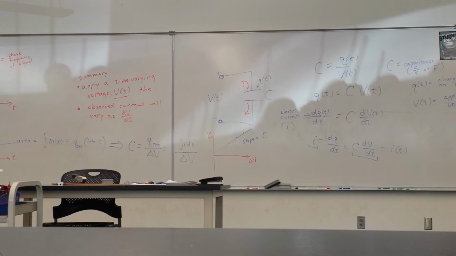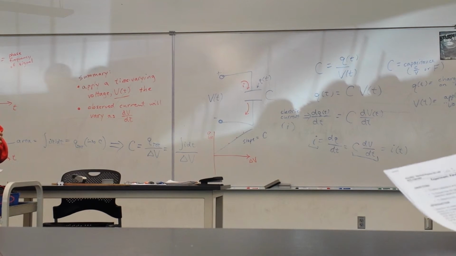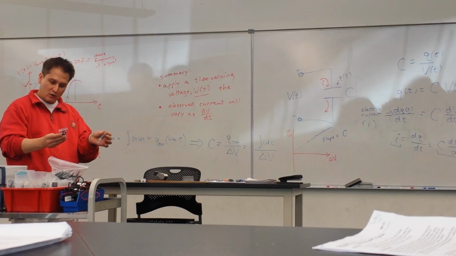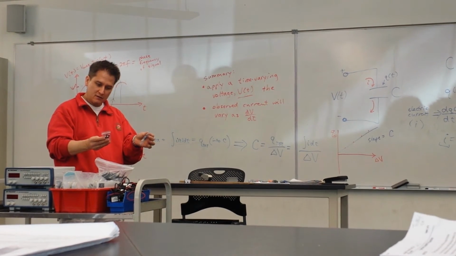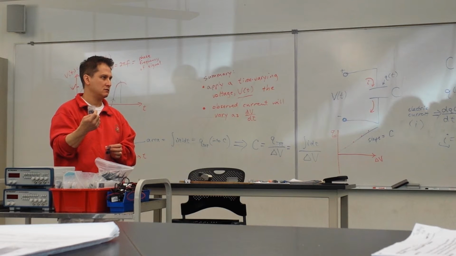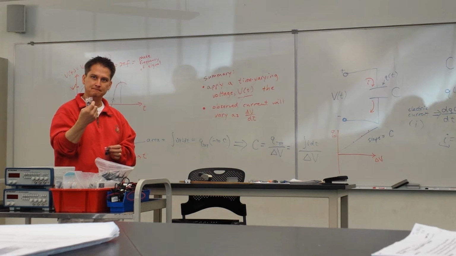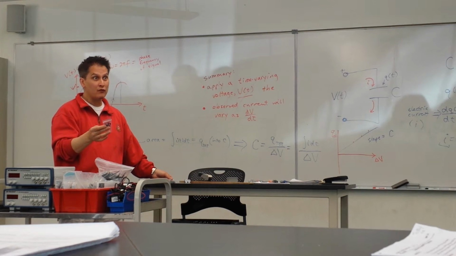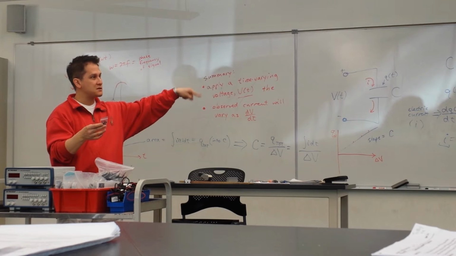I've got a couple different capacitors here. Frankly, I don't care which one you use. And I think the lab asks for a 100 microfarad capacitor. So it's up here. And again, microfarad, microcoulombs per volt.